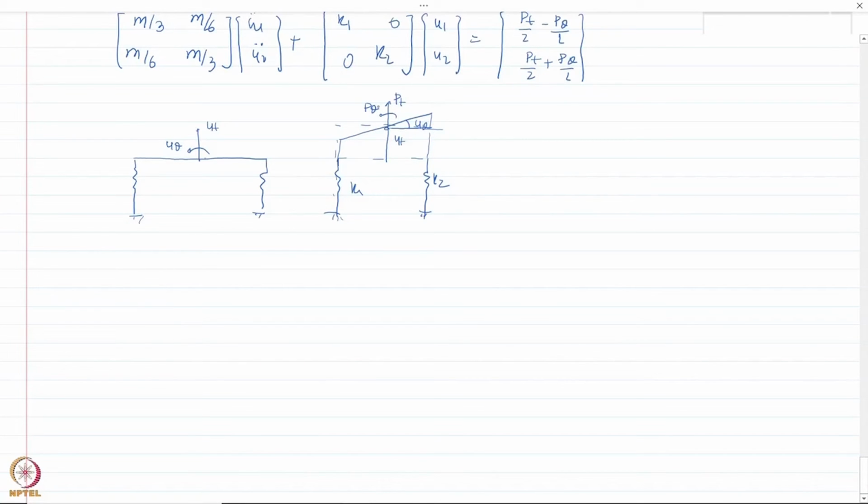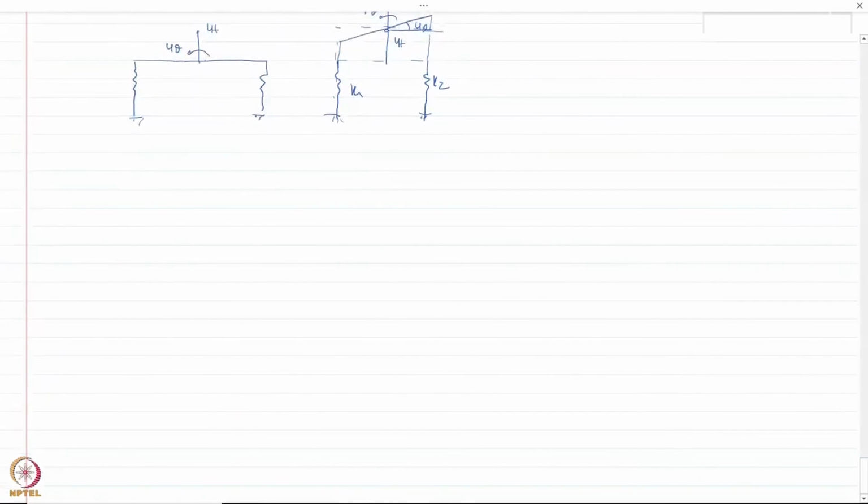You would get an equation of motion which is a little bit different, and I'm not going to solve this system. I leave it for you to solve, and let me just write down the final equation of motion.